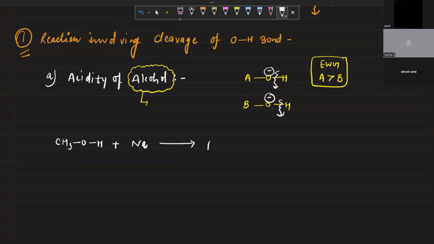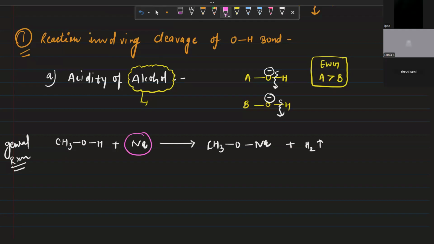CH3ONa will be attached over here, and H2 will be removed. This is the general reaction to check acidity of alcohol. So let's suppose this is Na.